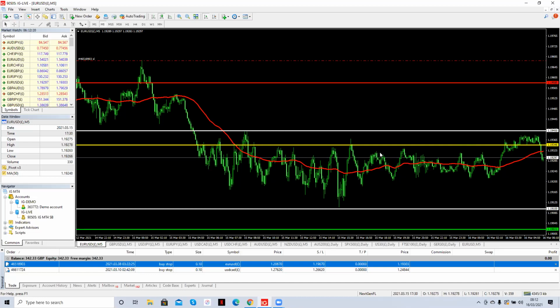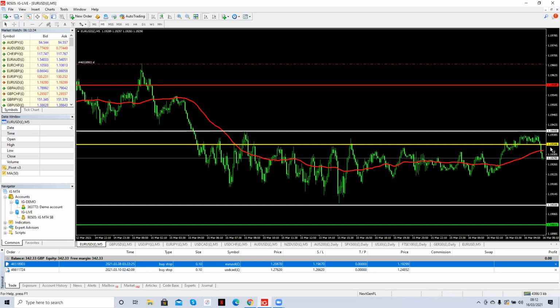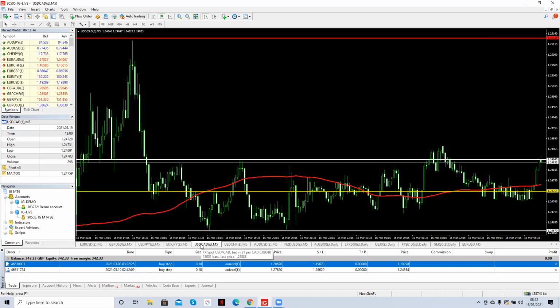You can see the market is still trending within these 2 white lines. But of course, I'm not placing any trades now. I'll wait till 2:30 or just before 2:30 and reassess for trading opportunities then. At the moment, it's currently trending sideways, and the pivot point is within the sideways trend. Let's go to the USD-CAD.